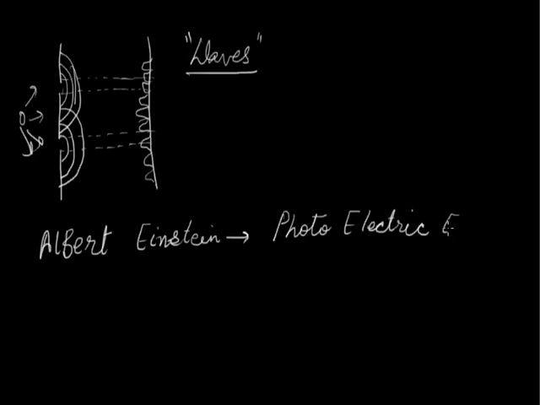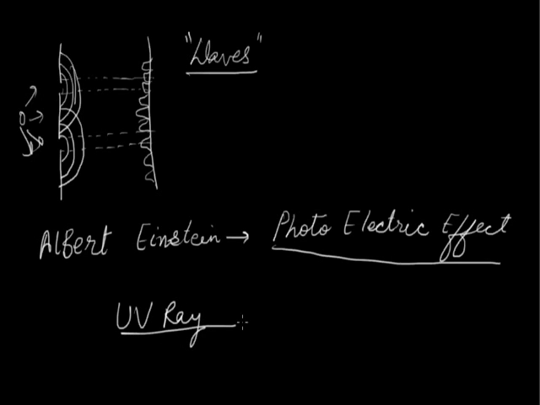In the photoelectric effect, we observed that whenever an ultraviolet ray falls on a metal surface, then due to the high energy of the ultraviolet ray, electrons come out of the metal surface.